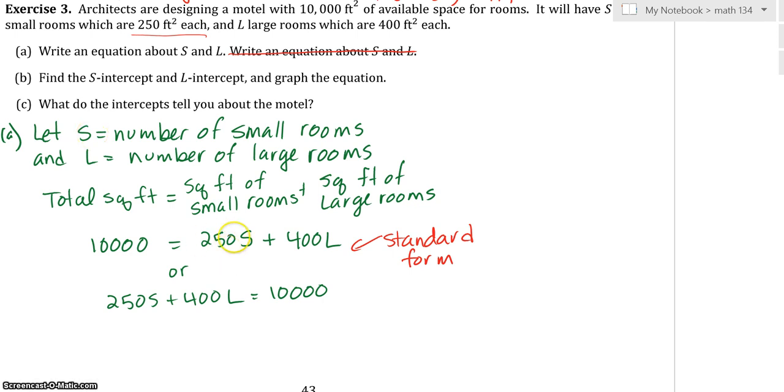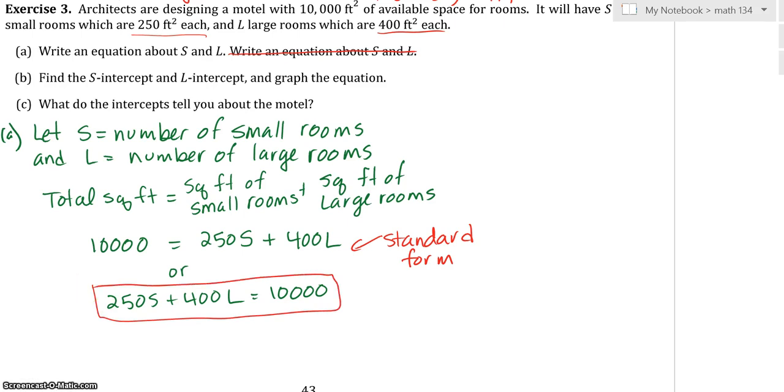If I multiply those, we get the total square feet of all the small rooms. If it's one small room, it would be 250. Two small rooms would be 500, and so forth. Same thing with the large rooms. Each large room is 400 square feet, and there's L of them. If you multiply that together, the small rooms plus the large rooms, this should be the total. And then we have this answer right here.